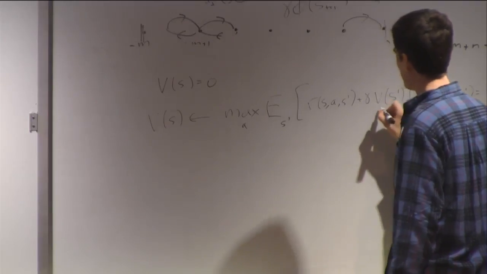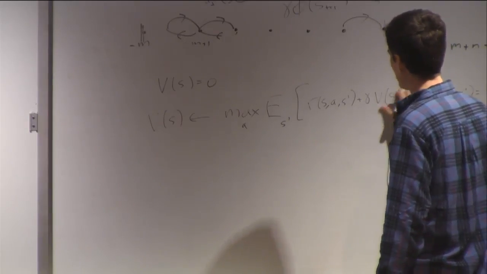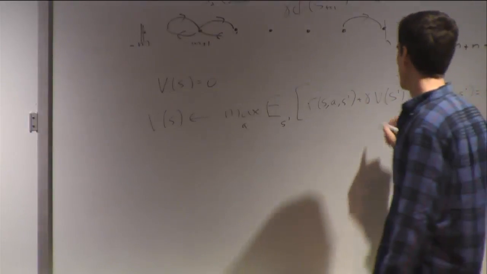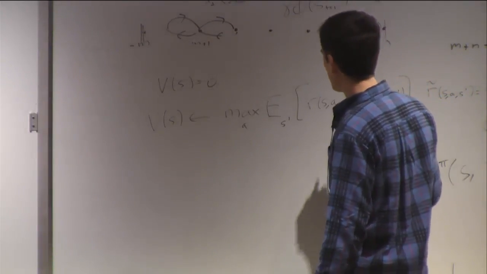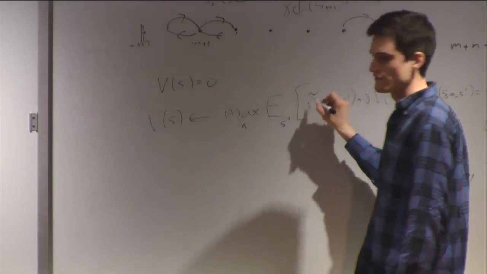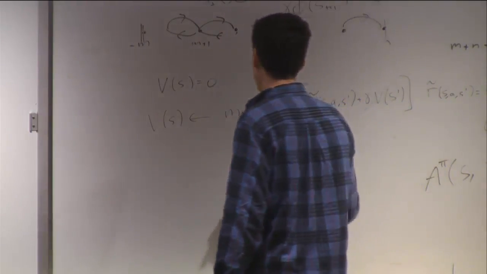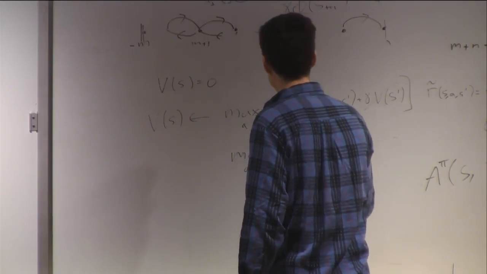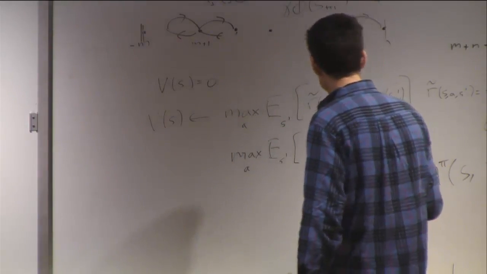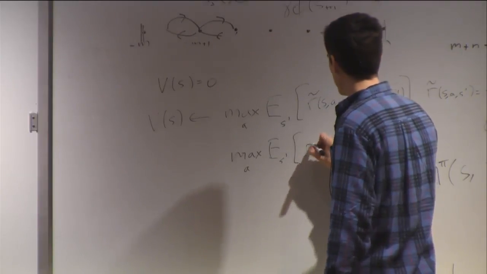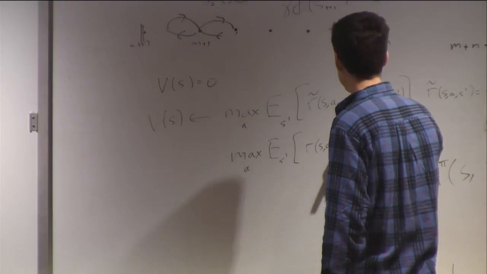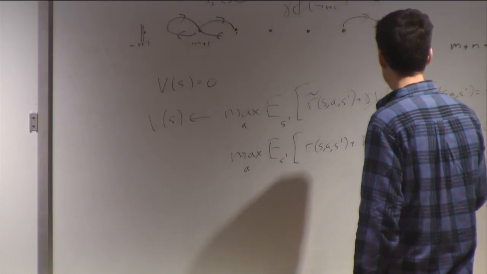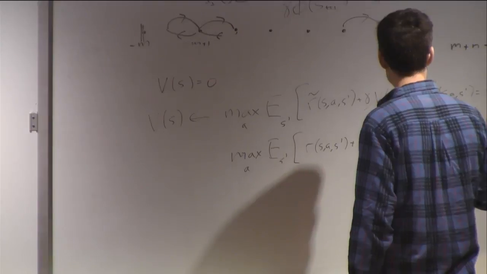And here we're initializing the value function at 0, so this term is going to vanish. And let's say we use the transformed reward function. Then we're going to have max over actions of reward s, a, s prime plus gamma v star of s prime minus v star of s.